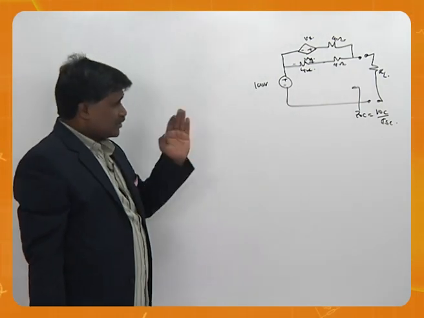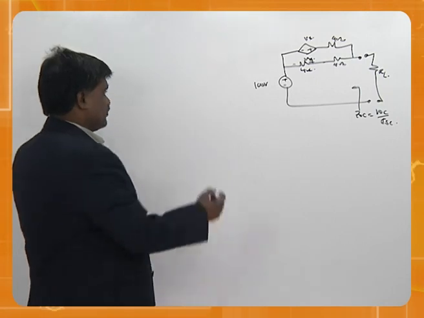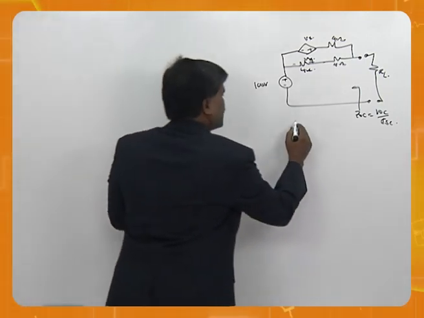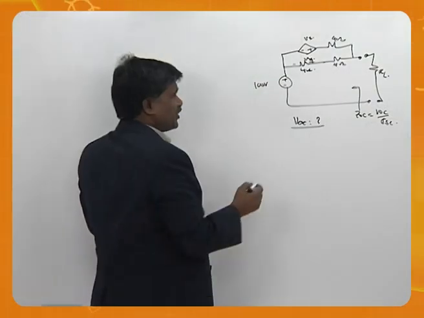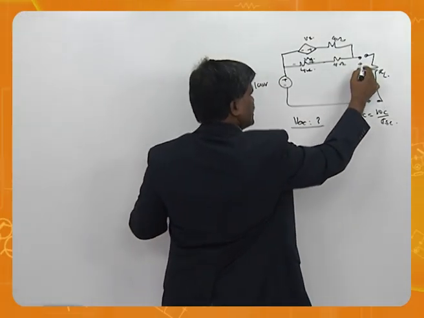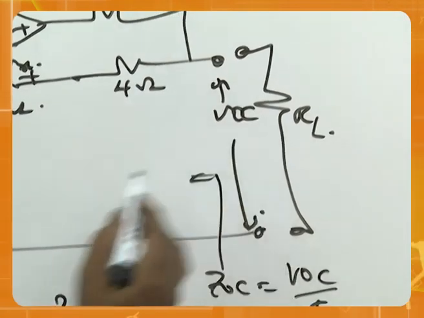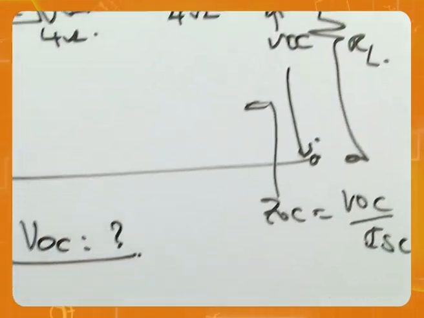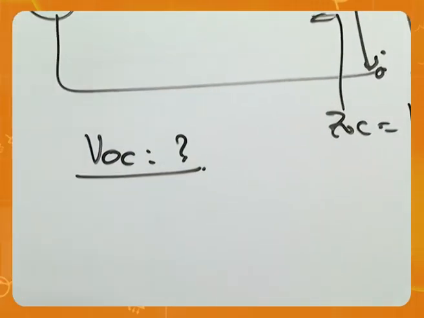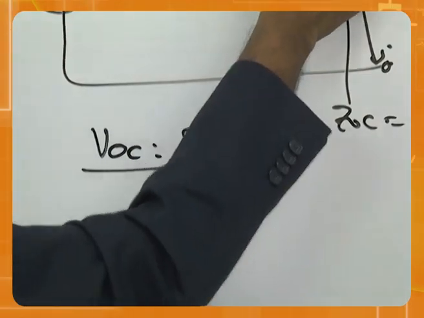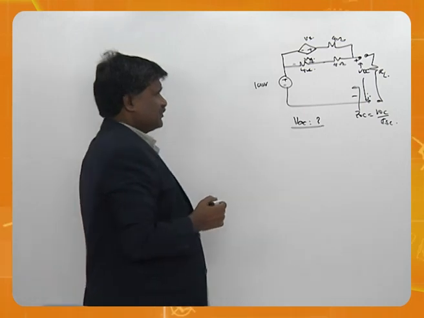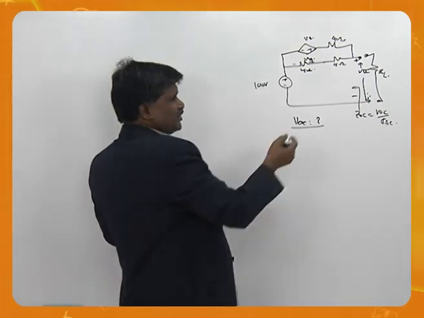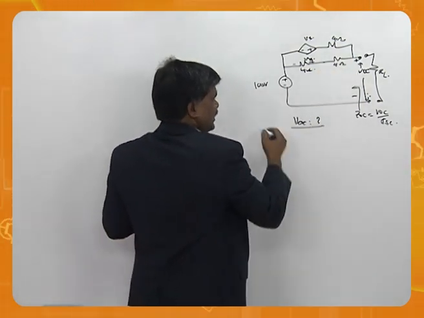That's why the best way to calculate is this. We need to calculate two things separately. The first task for us is to calculate VOC. If you are calculating VOC, you can just say as if that is open. Now the voltage you have to calculate is between these two terminals. It's simple.